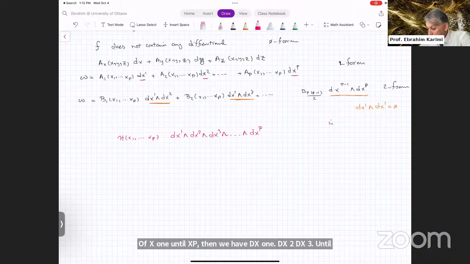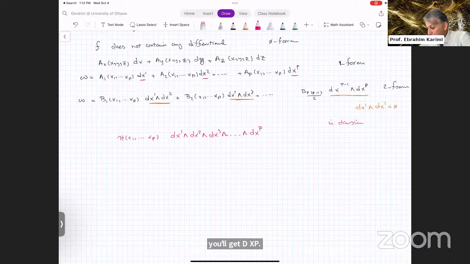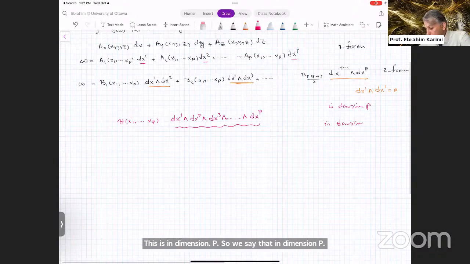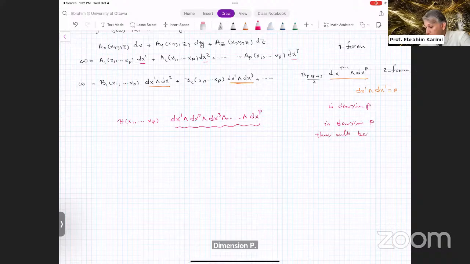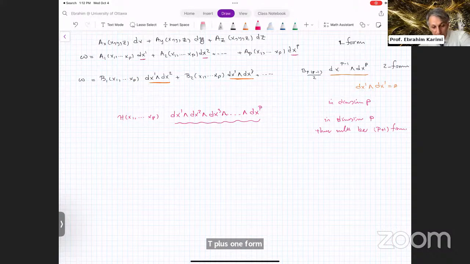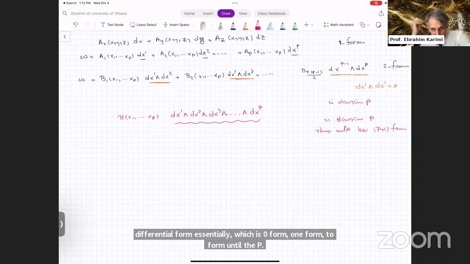This is in dimension p. So in dimension p there will be p plus 1 kinds of differential forms, which are 0 form, 1 form, 2 form, until p form.